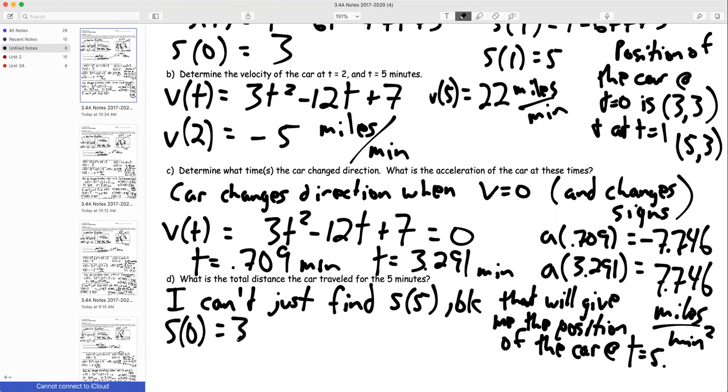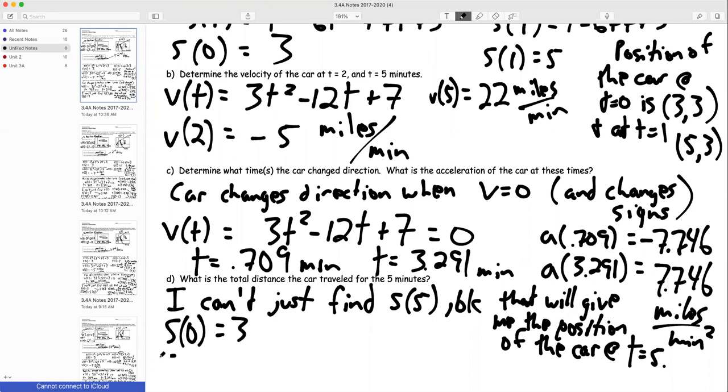Okay, so again, I'm going to drive in my calculus Ferrari this way, and then I change directions. So I need to find where I am right now and calculate that distance between where I started and where I changed directions. Does that make sense? And where did I change direction? At what time did I change directions? I found it. It was 0.709.